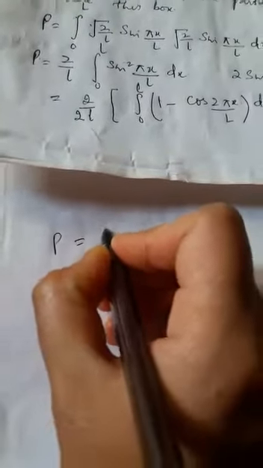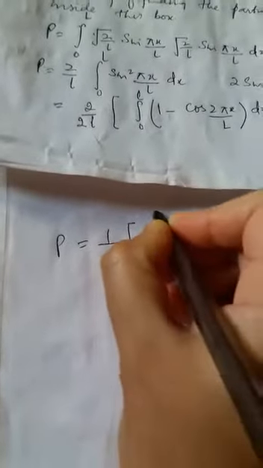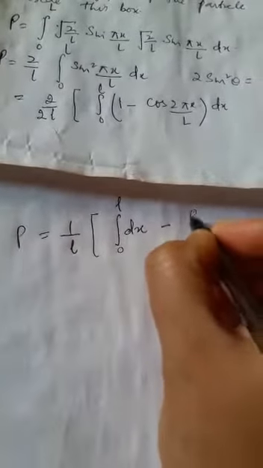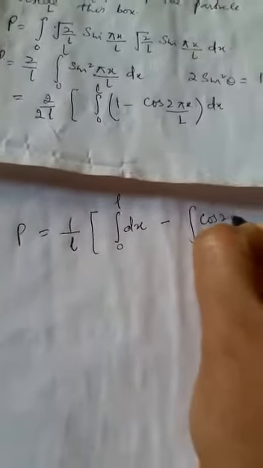So this expression, beyond this we can write it as probability is equal to 1 by L. Inside you have integral 0 to L 1 dx, that is dx, right, minus integral cos of 2 pi x by L dx.